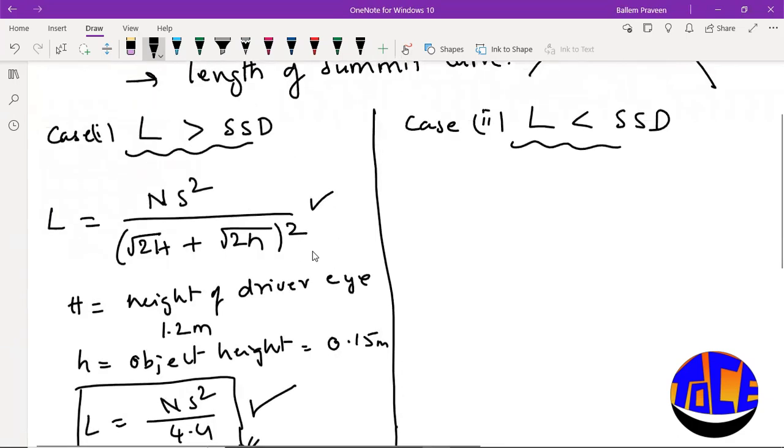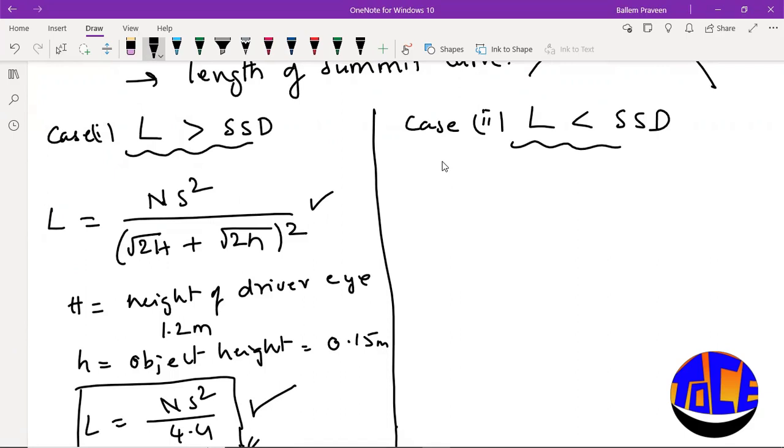In case the condition is not satisfied, if L greater than SSD does not hold, then you have to go for case 2. In case 2, we are assuming that L is less than SSD.